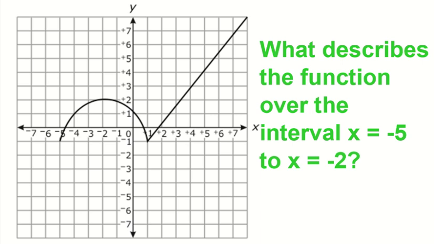All right, so we need to describe the function over the interval -5 to -2. So we need 2 words for it, right? -5 to -2 is basically that section right there. Nonlinear and increasing.